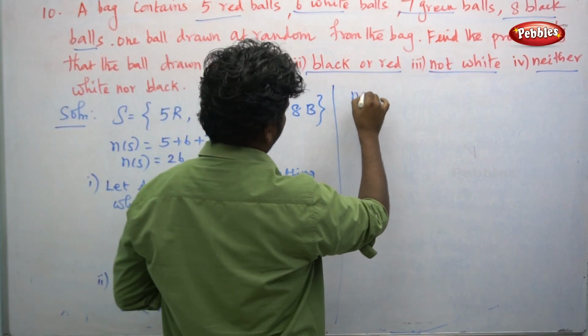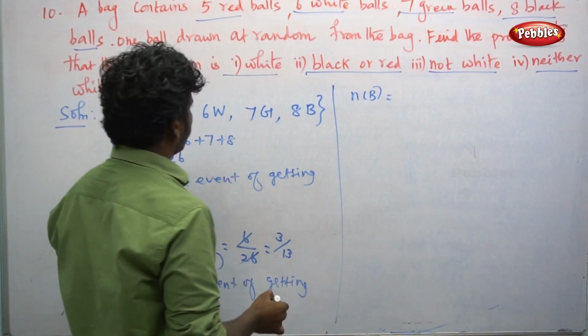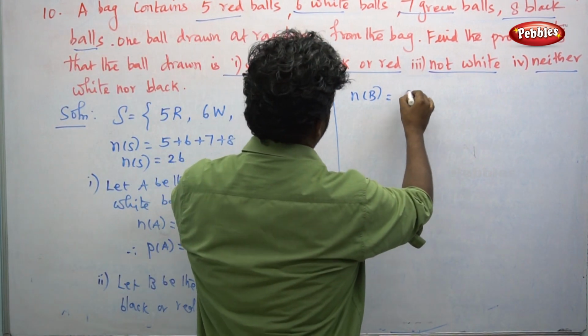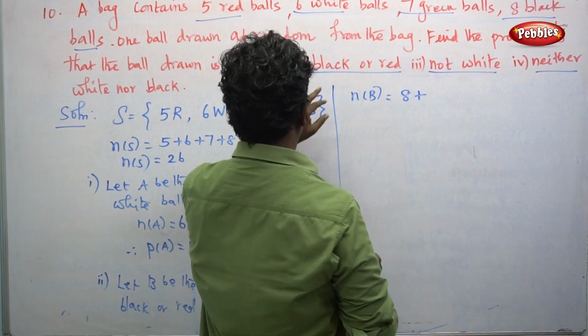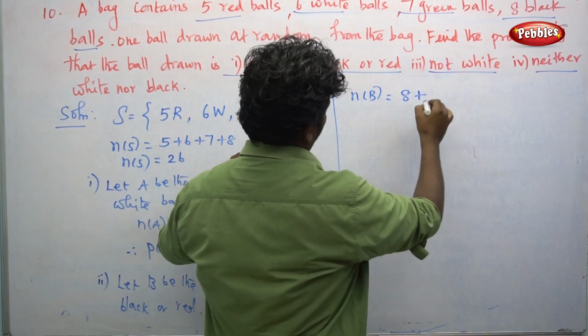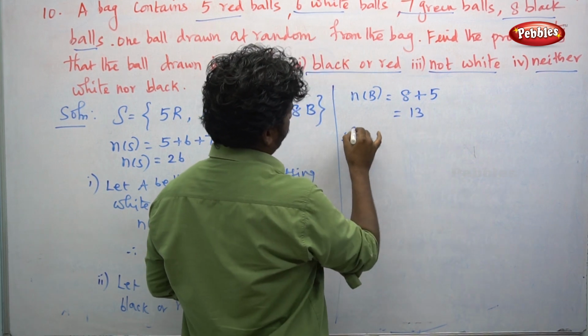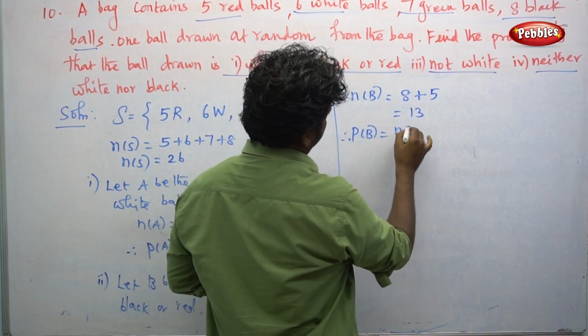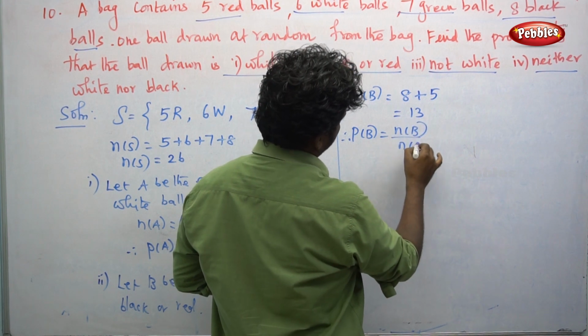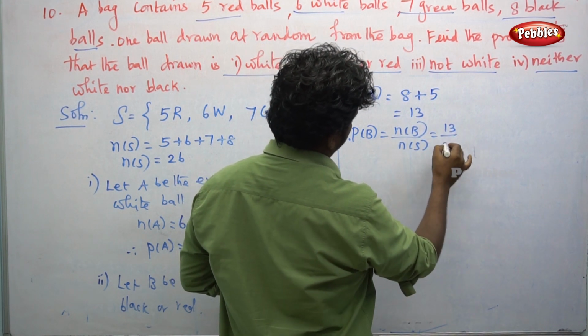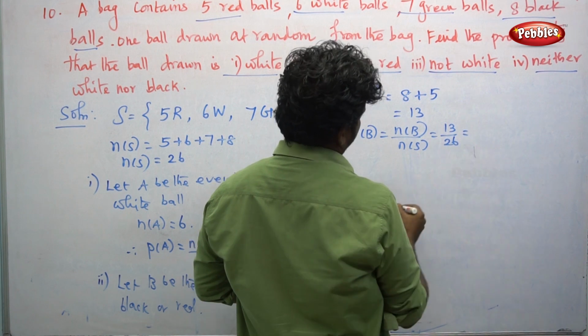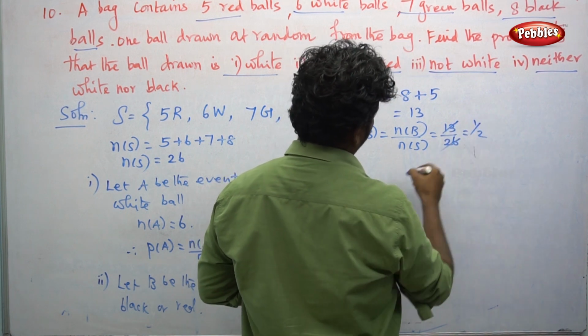So the n of B is equal to black எவ்வளோ? The 8 plus போட்டுக்கணும். or red ன்னு கொடுத்துருக்கீங்களா, red எவ்வளோ? 5. So 8 + 5, 13. Therefore the P of B is equal to n of B by the n of S. The 13 by, right? The 26. இப்போ இதை கேன்சல் பண்ண 1/2, right?